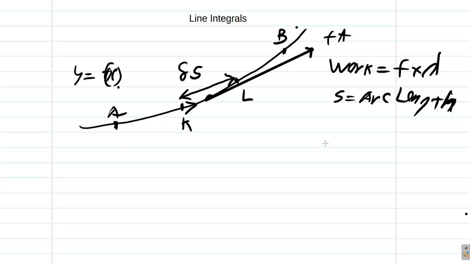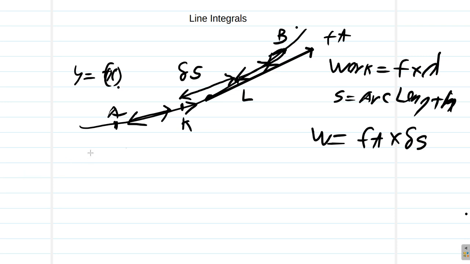Now, the work done when you move from K to L is equal to the tangent force multiplied by the distance that you move, which is delta S. You see that? Force times distance. So, here now, if you should keep doing this, you break this up into various parts and you add them up.